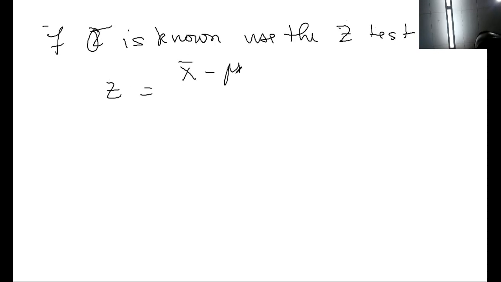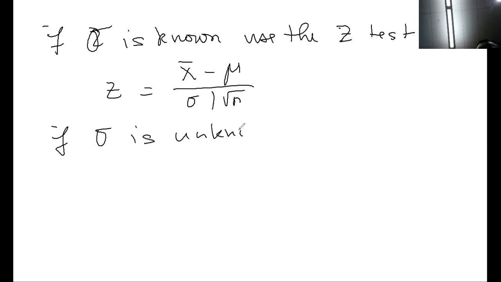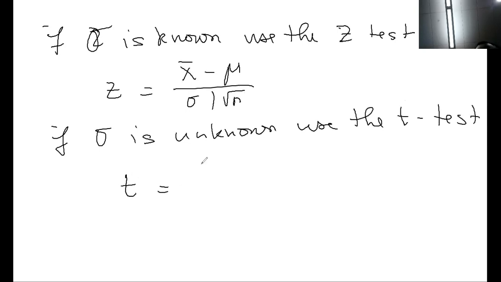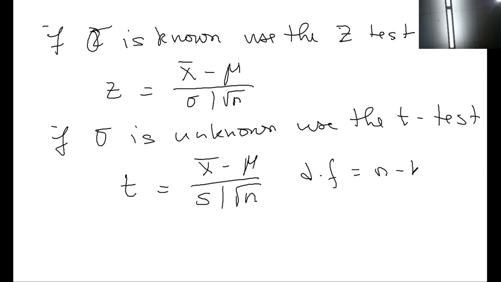X bar minus mu over sigma divided by square root of n. If sigma is unknown, use what? The T test. T equals to x bar minus mu over s divided by square root of n, degree of freedom n minus 1.